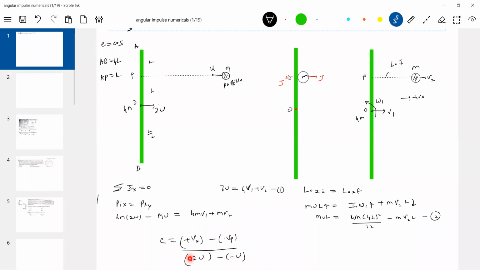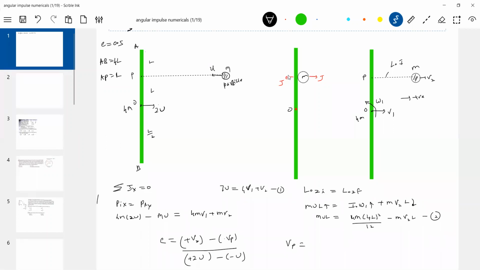Please do look at the signs, these are very important. Velocity of the particle, I'm taking the second object, v2 minus v1 by u1 minus u2. u1 will be the rod, u2 will be the particle, and anything directed towards right will be positive.